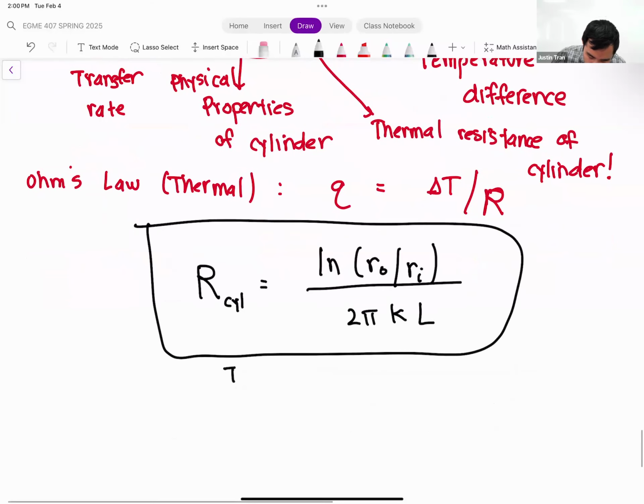So this right here is our thermal resistance for a cylinder.